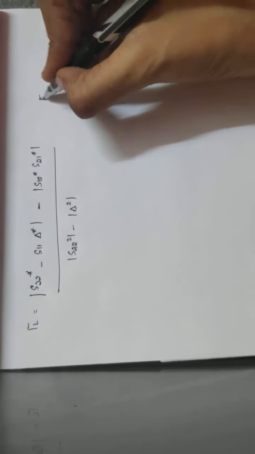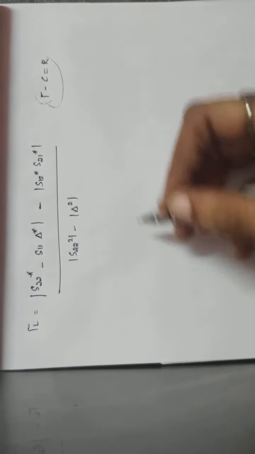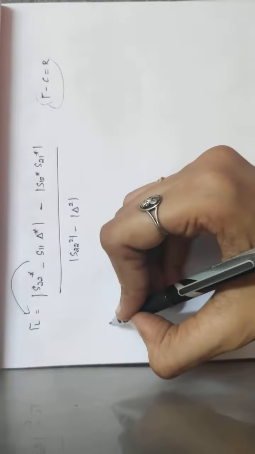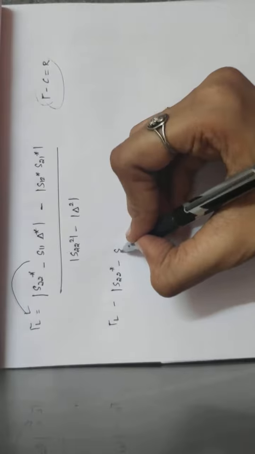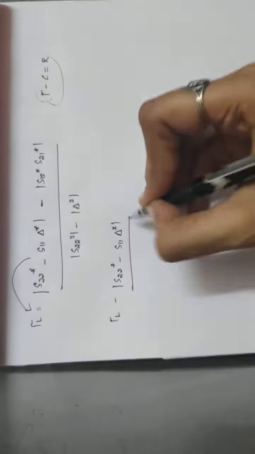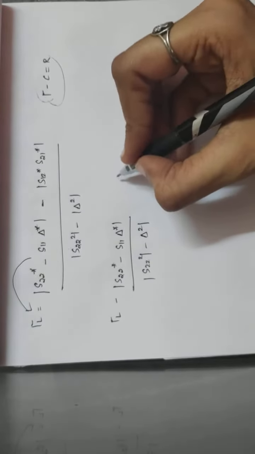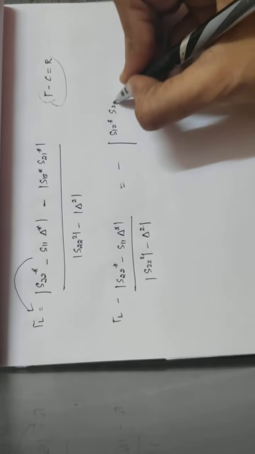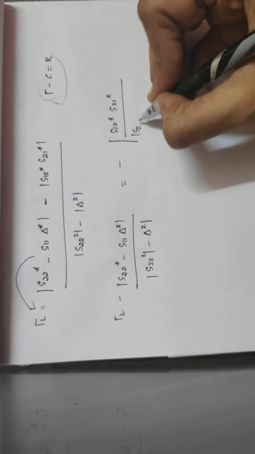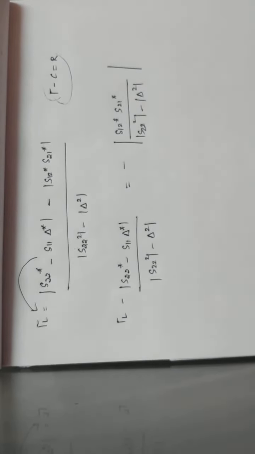Now the general form of equation was tau minus C is equal to R. So we will bring this form in this particular equation. So I'll take this term to the left hand side. So it is tau L minus mod of S22 star minus S11 del star divided by S22 square minus del square is equal to minus modulus of S12 star S21 star divided by mod of S22 square minus del square.